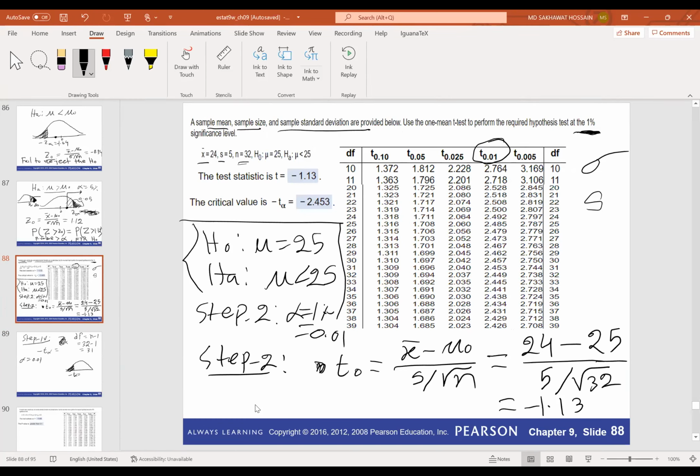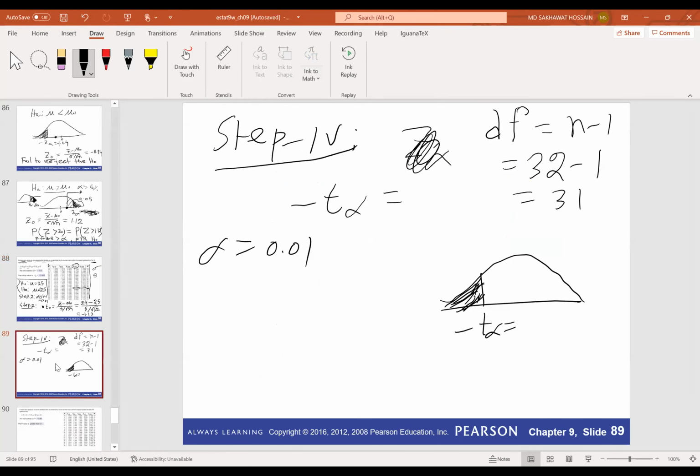What is the degrees of freedom? The degrees of freedom is 31, right? This column represents the degrees of freedom, and this column also represents the degrees of freedom. They are the same. So look at 31. The value is 2.453. So T alpha is 2.453, but our critical value is negative T alpha, so it will be negative 2.453.